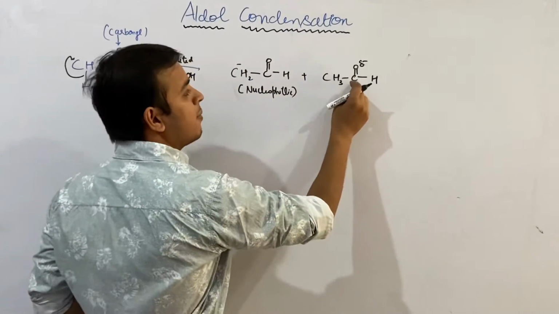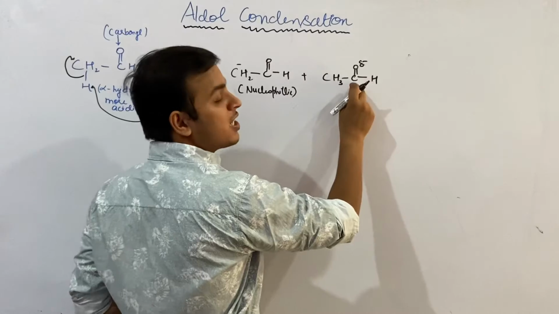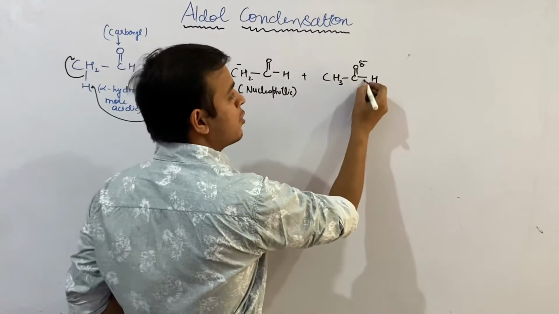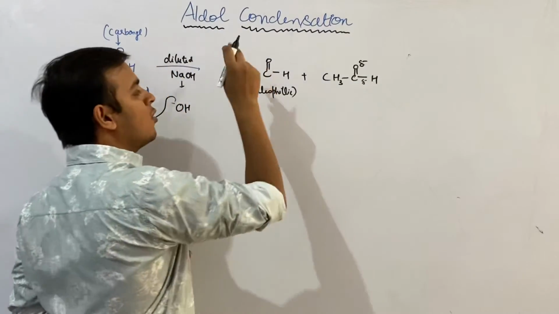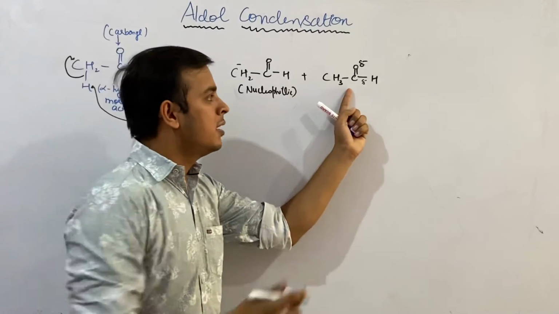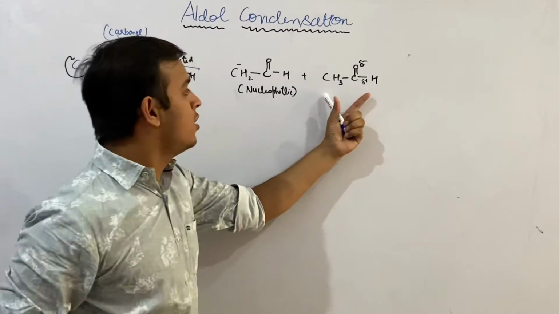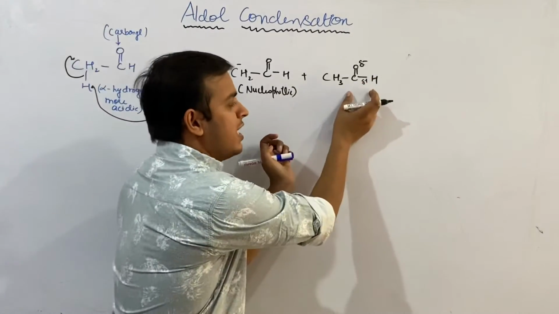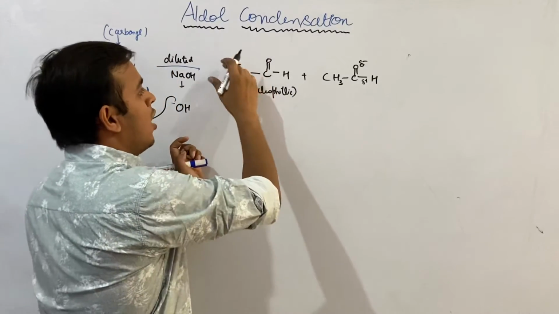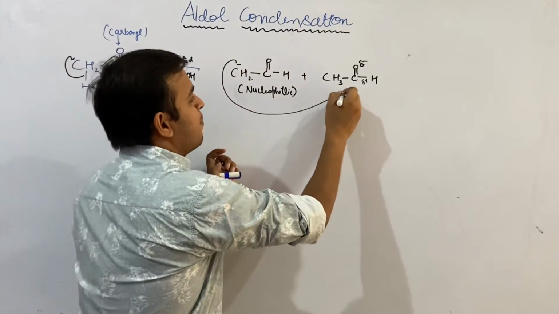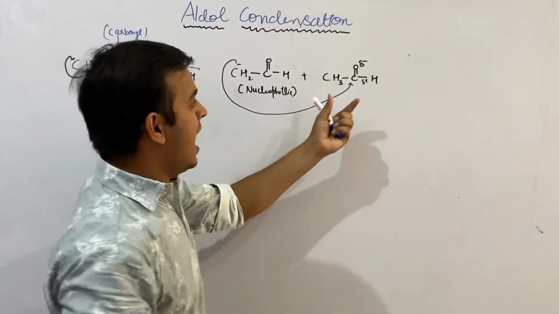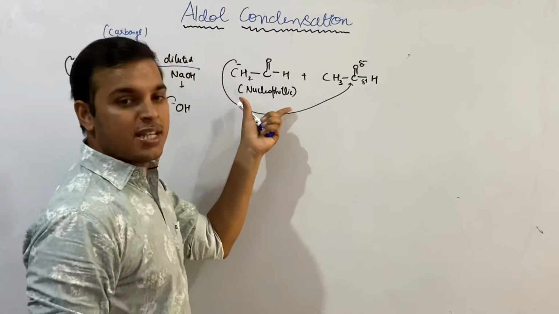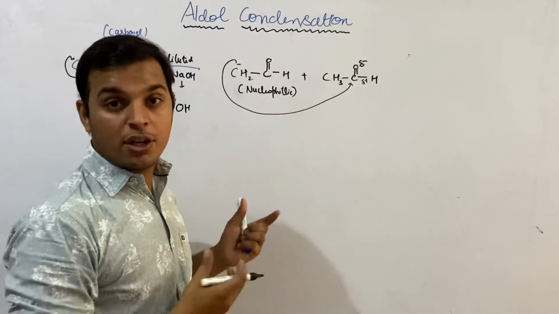The carbon adjacent to it, the carbonyl carbon, has delta positive. This is an electrophilic species, and our nucleophile will attack this particular carbon, because it has a positive charge and the nucleophile loves the positive charge.